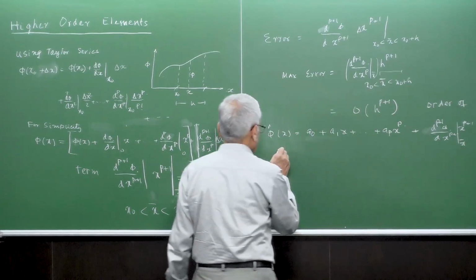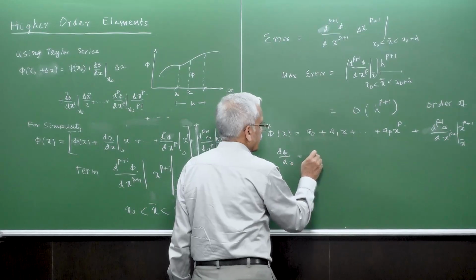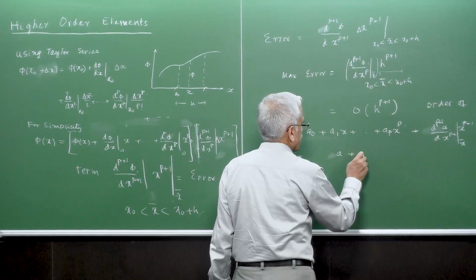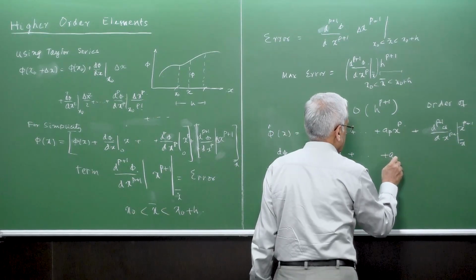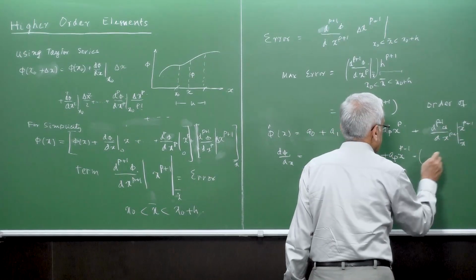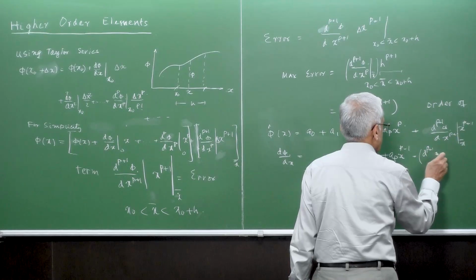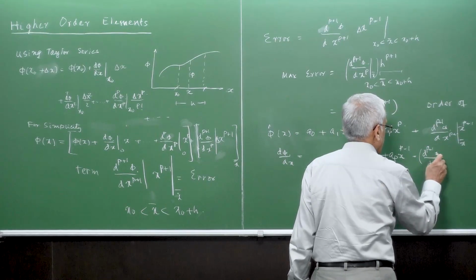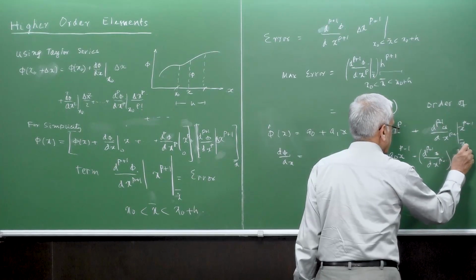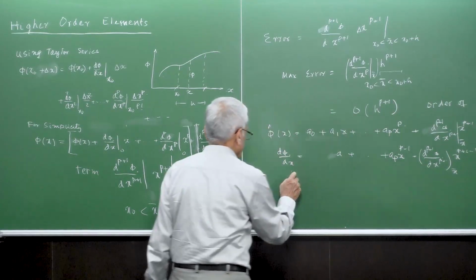If you take the derivative of this one, what is the error in the first derivative? You can say that this is a1 plus p to the power of x to the power of p minus 1, and the error here also will reduce by p plus 1 minus 1, right? So like this we can continue.